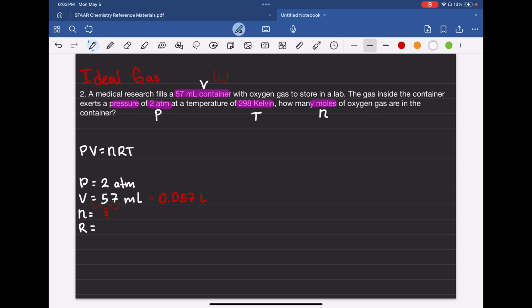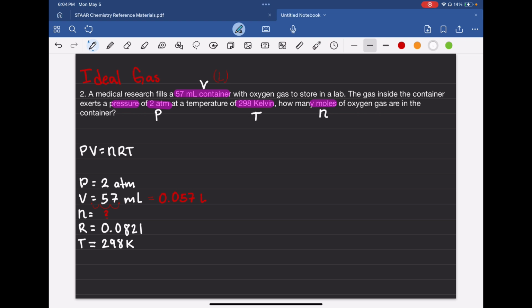So we are going to be using that value, 0.0821. And lastly, our temperature is 298 Kelvin. Temperature as well needs to be in Kelvin. If they were to give us Celsius, we would convert to Kelvin by adding 273 to our degrees Celsius. But we don't need to do that in this case.